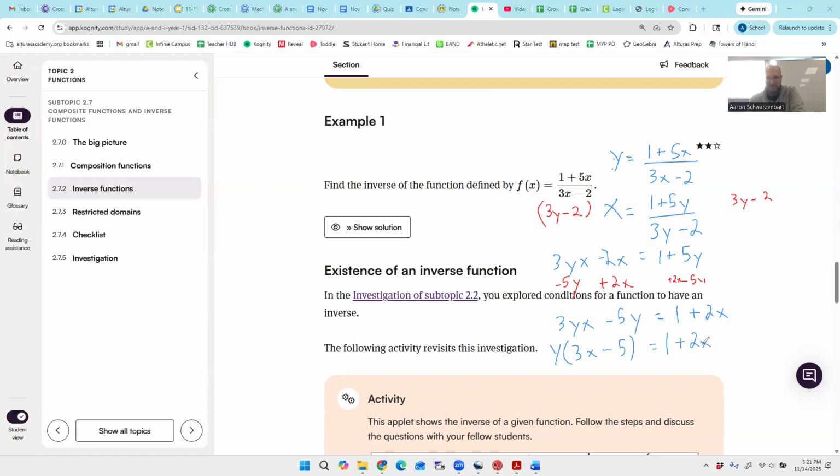It's a very important skill of gathering everything with a variable together and factoring it out. I'll then divide by my whole set of parentheses, the 3x minus 5.